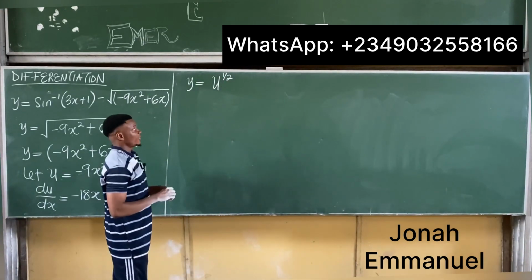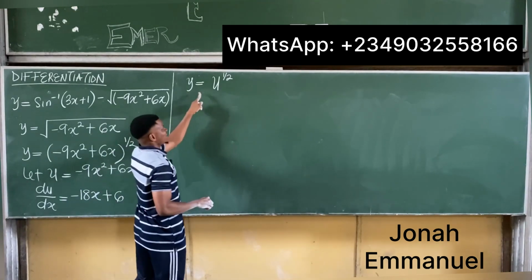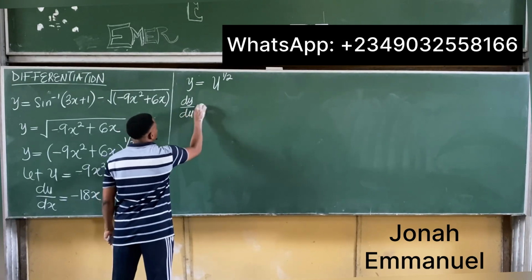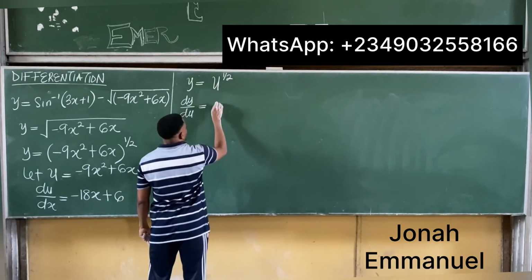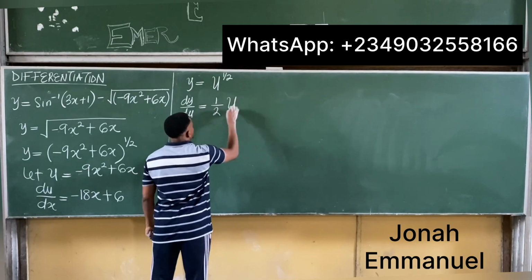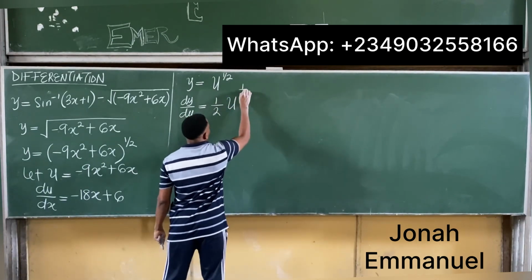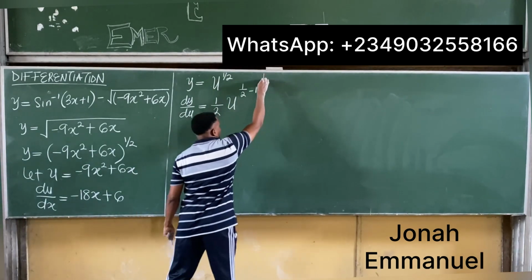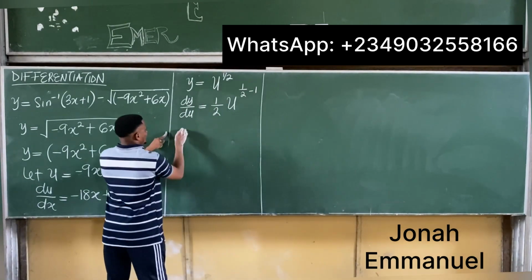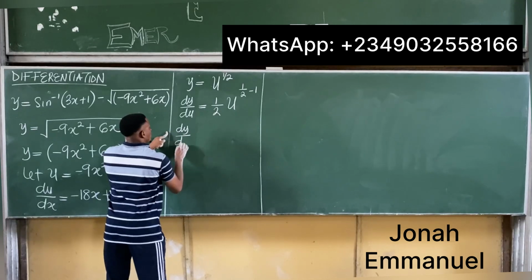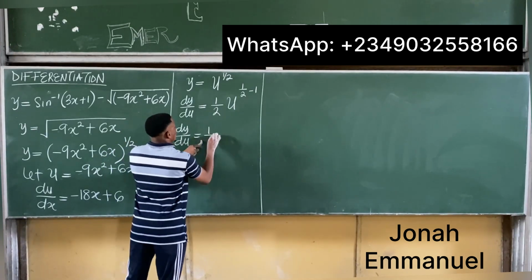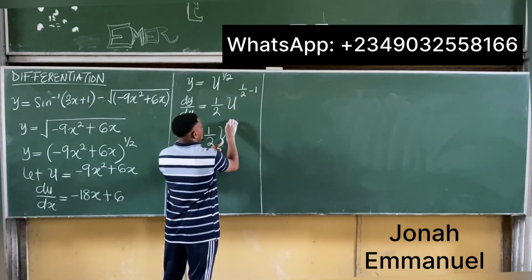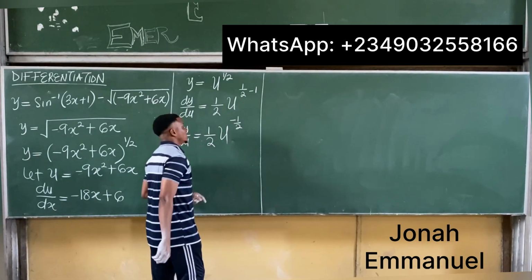So my next task will now be to differentiate y with respect to u. So dy over du is equal to multiply by the power 1 over 2, u to the power 1 over 2 minus 1, which gives you 1 over 2 u to the power minus 1 over 2.